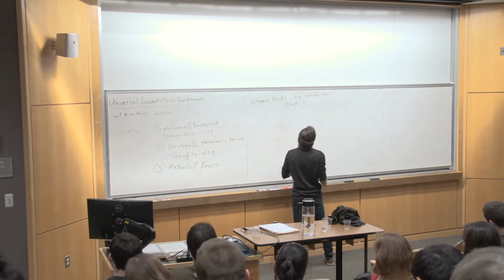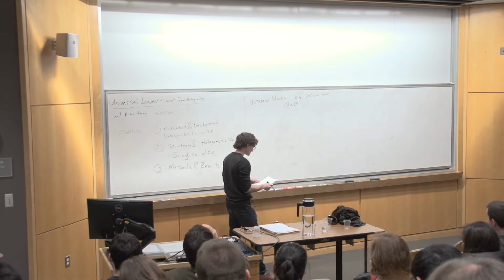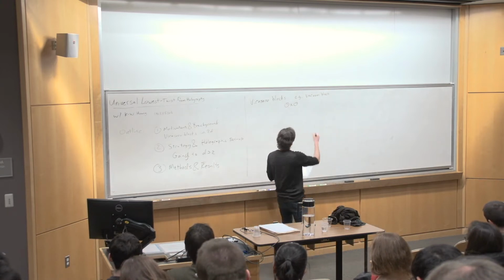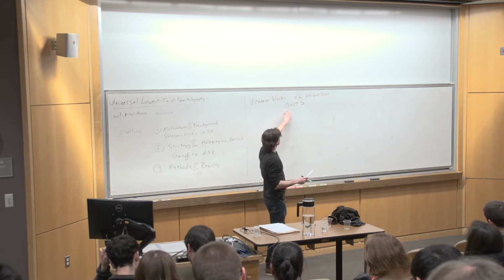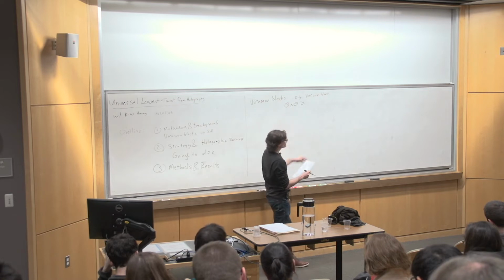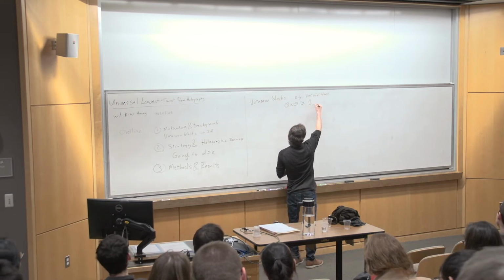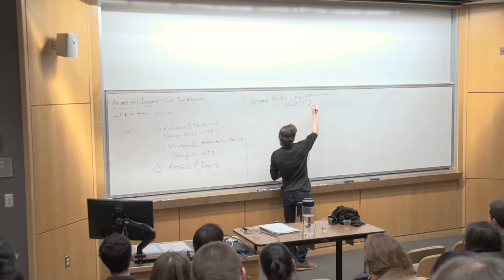This is the irrep that contains the vacuum, or in terms of operators, contains the identity operator. If I look at the operator product of an operator with itself, that always contains the identity operator.